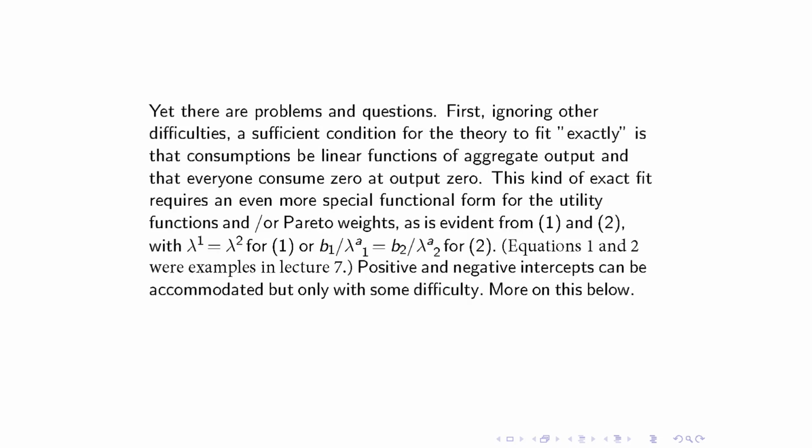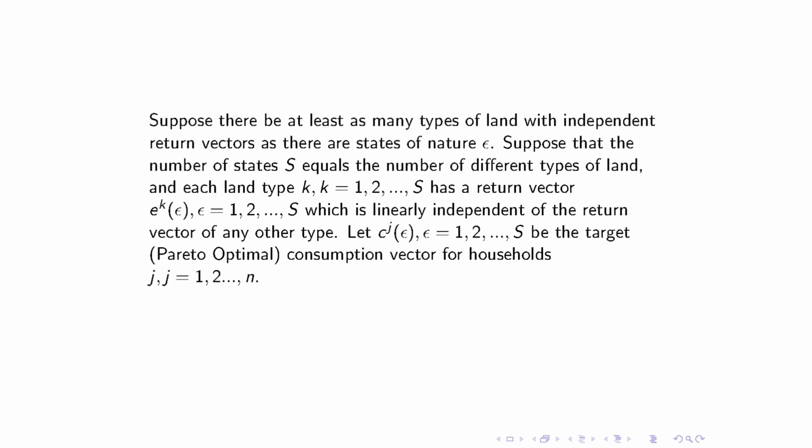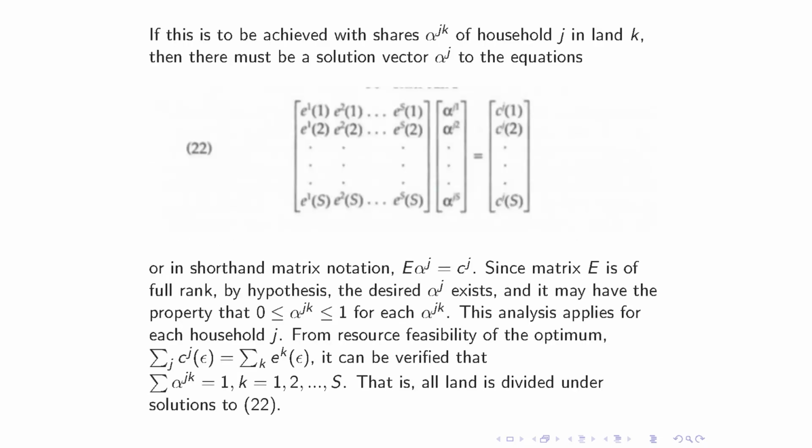That's this. And then we looked at special utility functions and started fussing about intercepts and risk aversion and so on. But then we come to the general idea that we have as many land types with independent return vectors as we have states of the world. And then we have a target, an optimal consumption allocation.